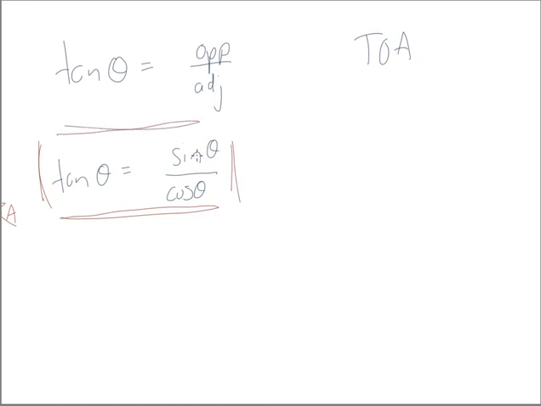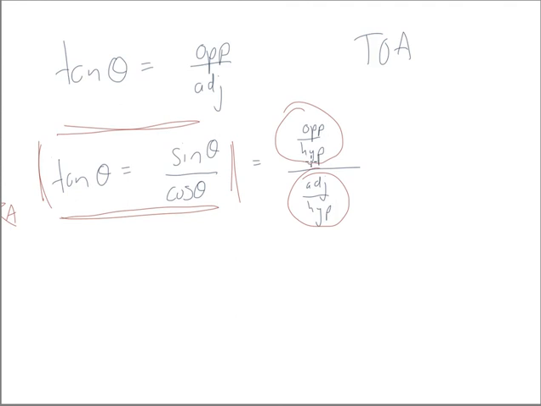If I have sine theta on cos theta, sine theta I know is opposite on hypotenuse, and dividing by cos theta, which is adjacent on hypotenuse. So this whole thing here is sine, this whole thing here is cos.